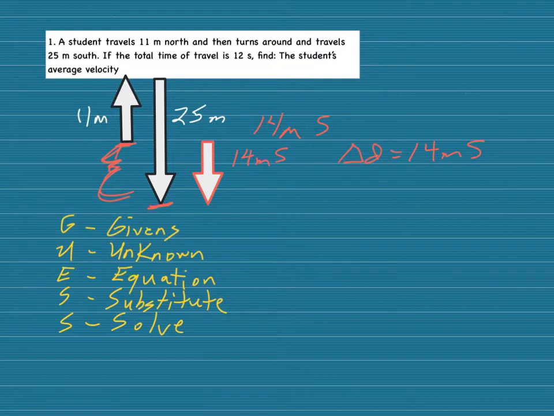For this first set of problems, they are pretty simple, but they're going to get a little bit more complex. And what I mean by givens, so we write down our displacement was 14 meters south.